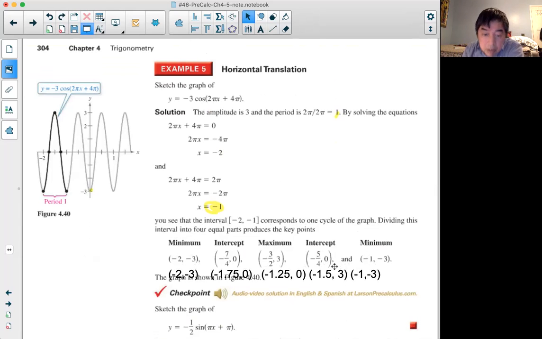Oh, I put 1.25. It's supposed to be 1.5. Let me see. Wait. Oh, okay. It's shifted here. 0, negative. I got confused.